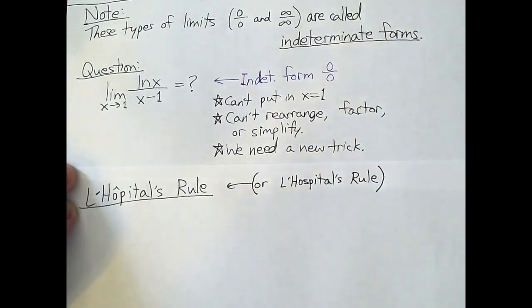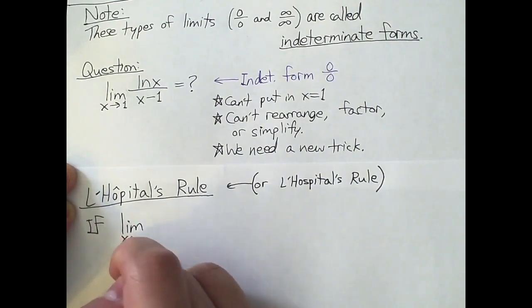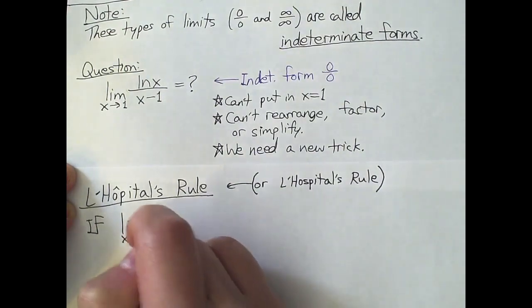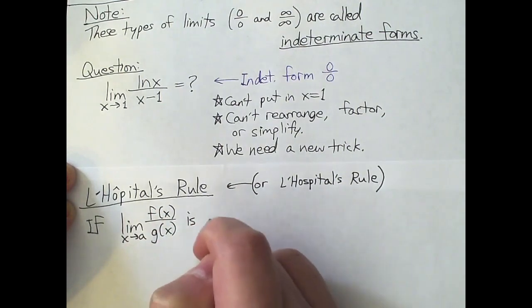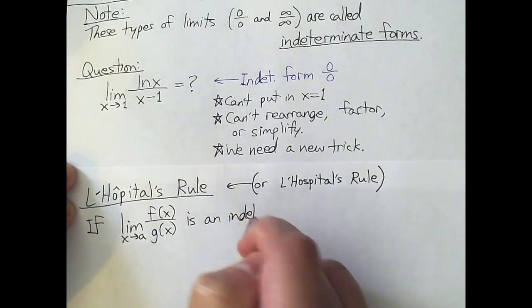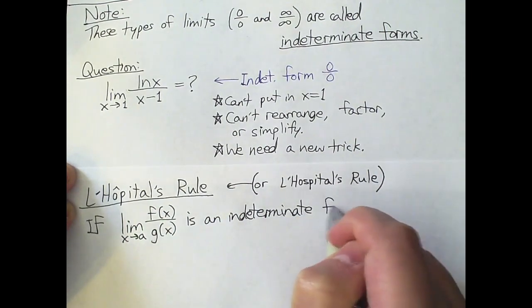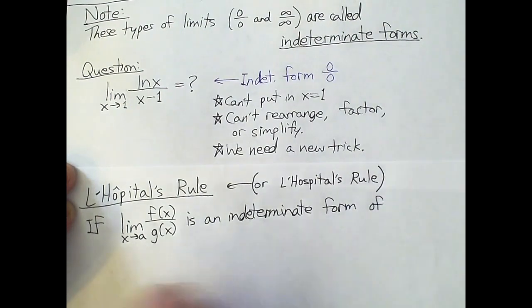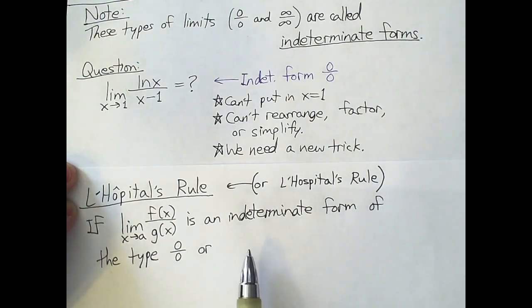And it says, if a limit as x approaches a of f of x over g of x is an indeterminate form of the type 0 over 0, or I guess you could say above, the two indeterminate forms that we talked about were 0 over 0 or infinity over infinity.